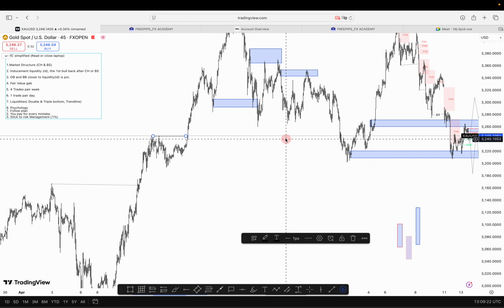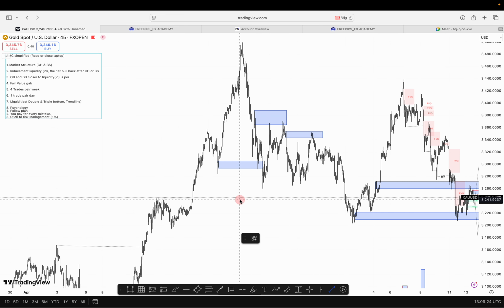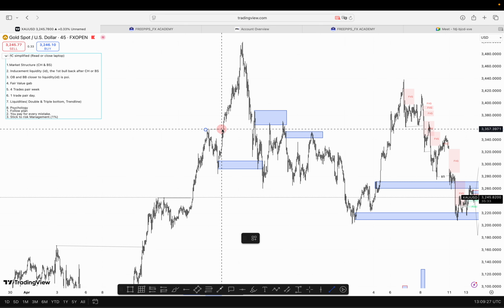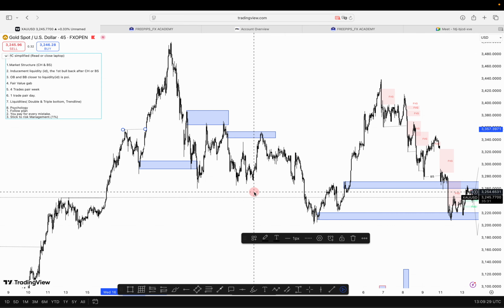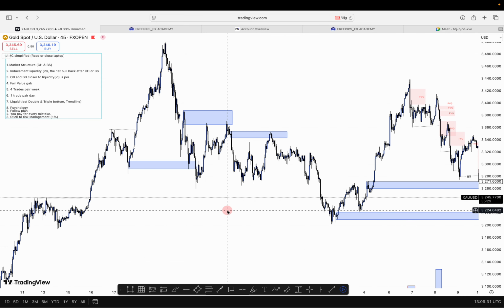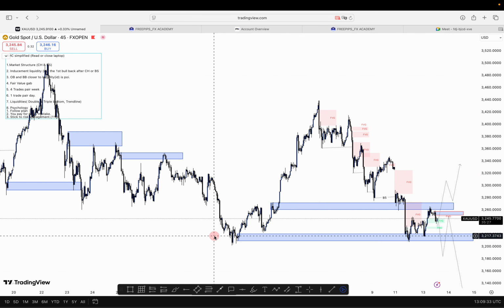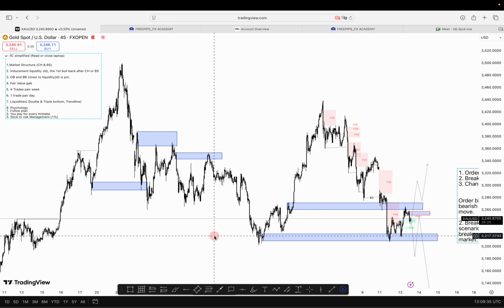For bullish we break previous highs. For bearish we break previous lows. So this is a break of structure. I hope you get it.